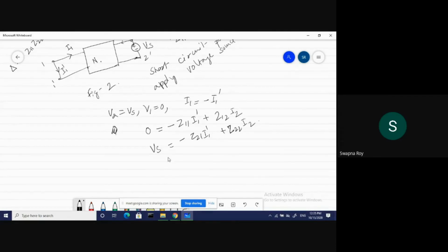So again, I can find out the value of I1 dash is equal to Vs into Z12, this is del 1 by del 2 now. So Z11 Z22 minus Z12 Z21.